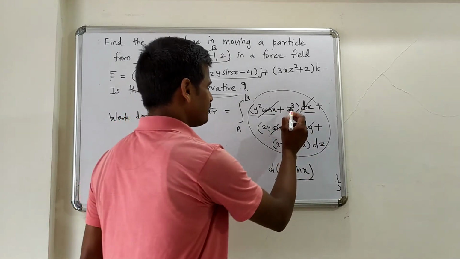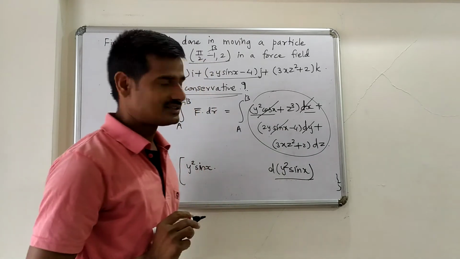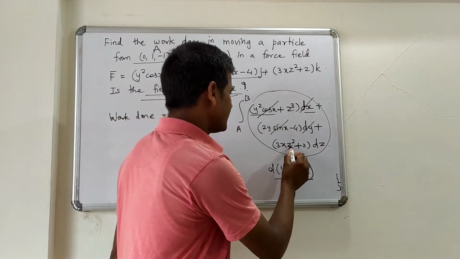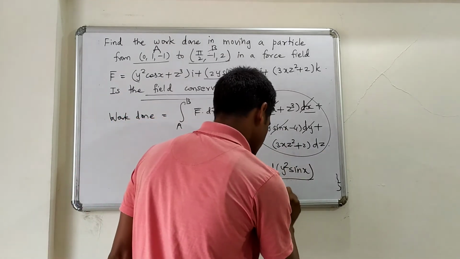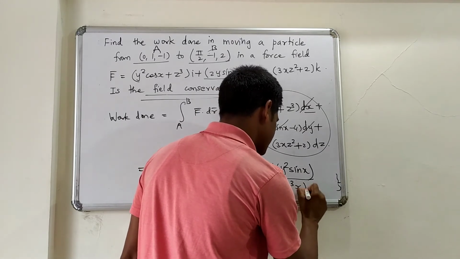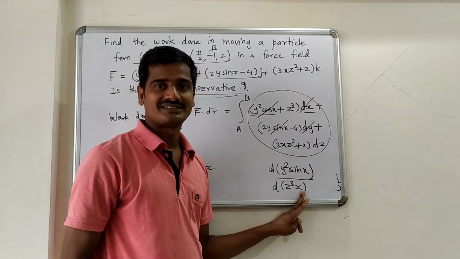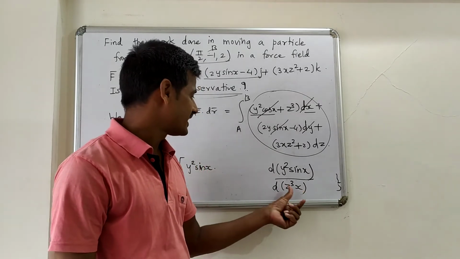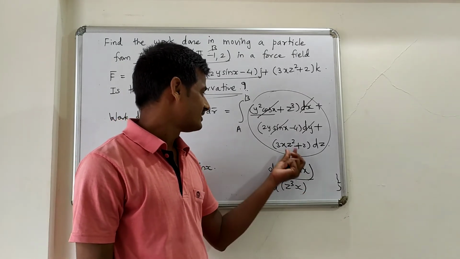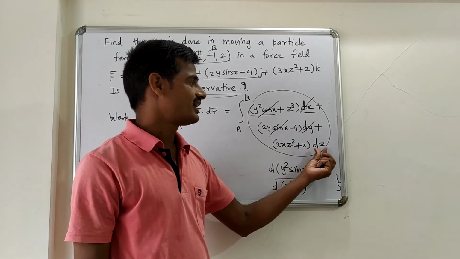Then what about the next terms? z cube dx and 3x z square dz. What is derivative of z cube x? With respect to x it is z cube dx, and with respect to z it is 3x z square dz.